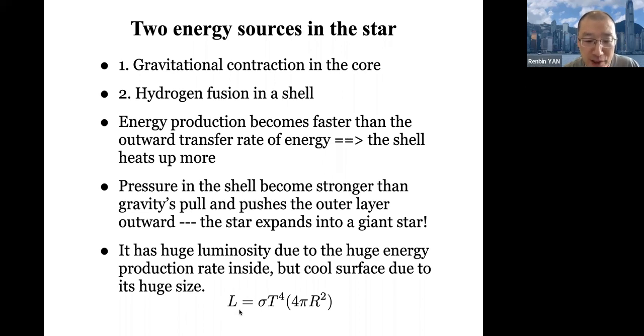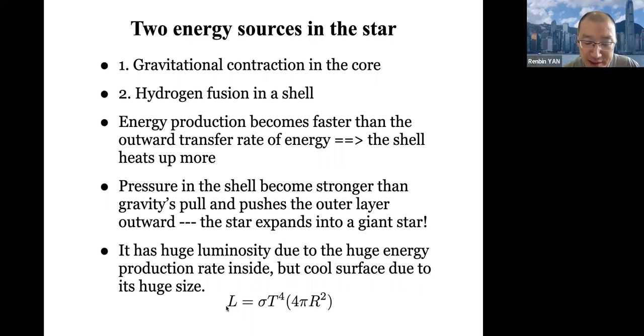So remember, the luminosity equals the surface flux times the surface area, right? The surface flux goes according to the Stefan-Boltzmann law: the surface flux goes as temperature to the fourth power, and the surface area goes as radius squared. So the luminosity is increasing gradually, but the size is expanding by quite a bit.